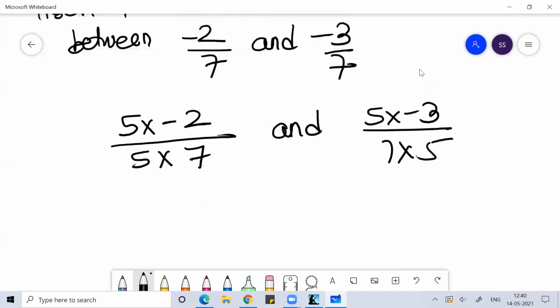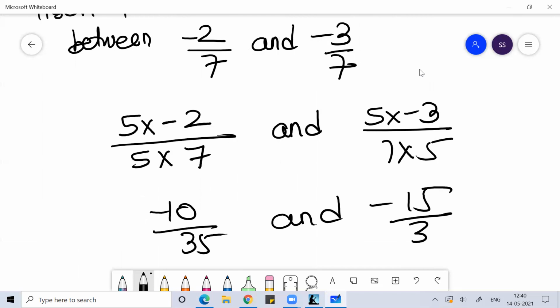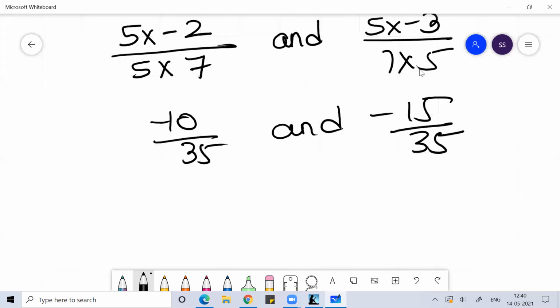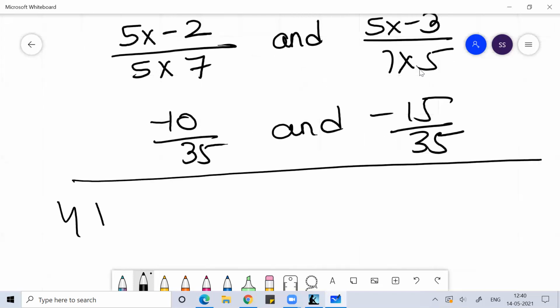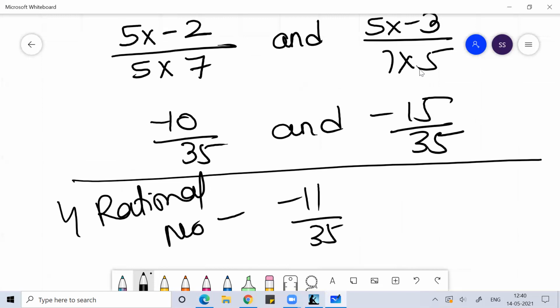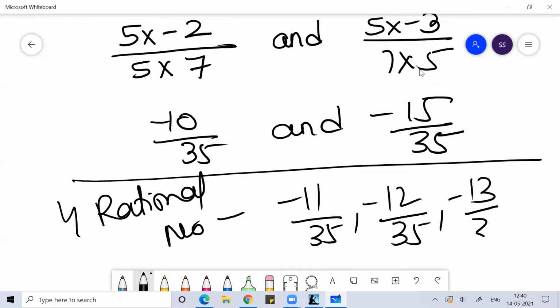So you'll get minus 10 by 35 and this is minus 15 by 35. I want 4 rational numbers, right? So what are the 4 rational numbers? You can write minus 11 by 35, minus 12 by 35, minus 13 by 35, minus 14 by 35.